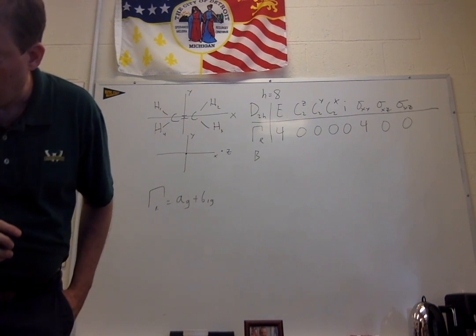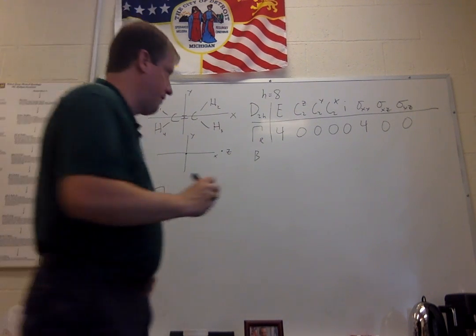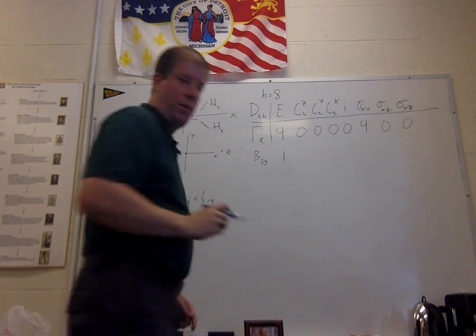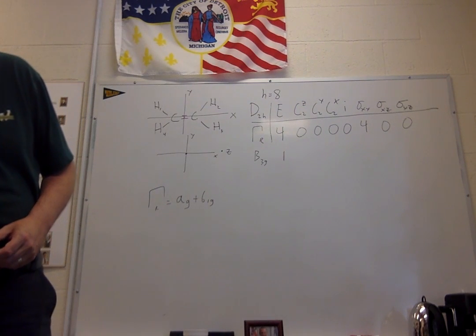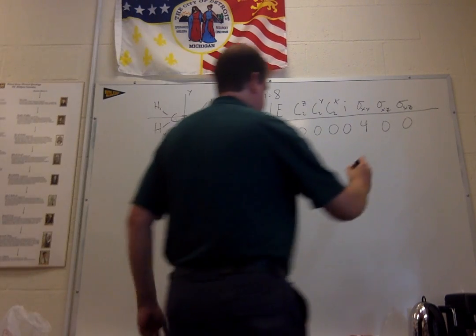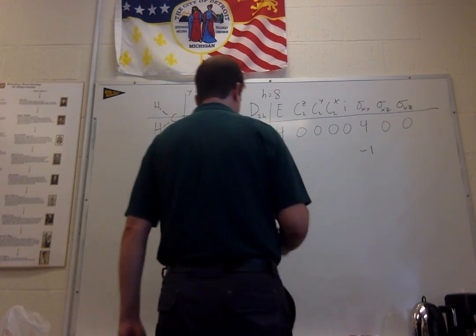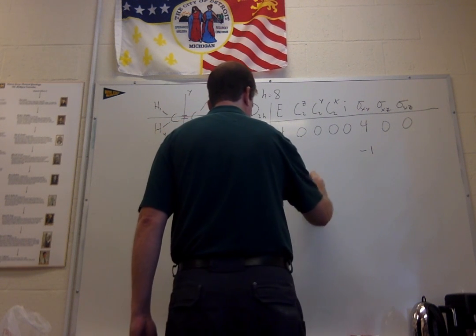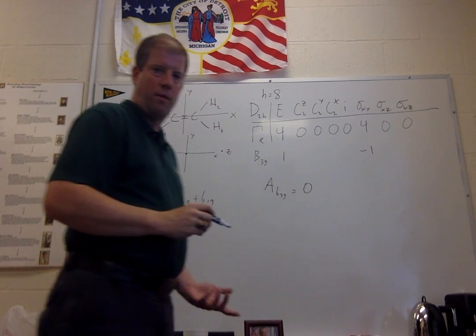The next one is B3g. A 1 here, and what do we have under sigma xy? Another negative 1. So again, that's going to be 0.